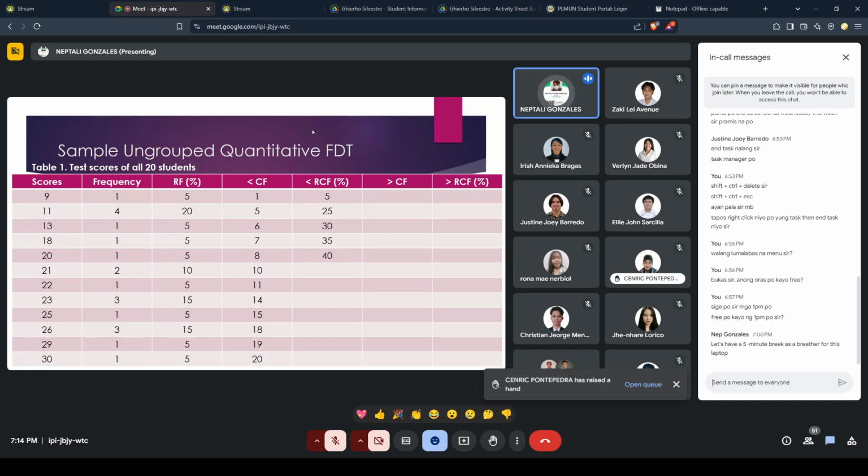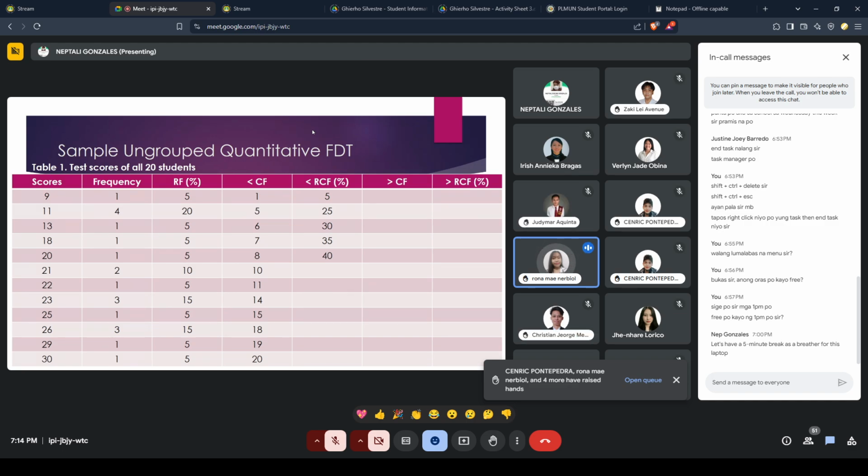Busin mo na para mabilis. Nawala. Rona May, lahatin mo na. 45. 55 pa? Sir, pagkatapos po ng 40, 45. 45 ba? Diba?